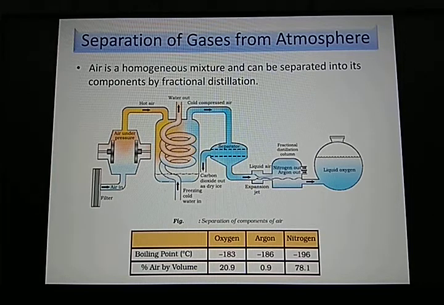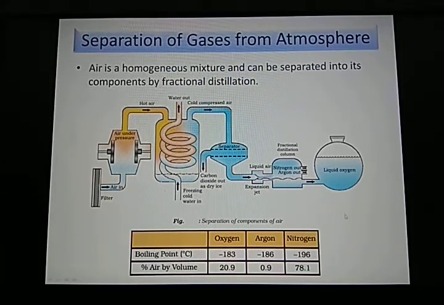Not only oxygen, different kinds of gases can also be separated and stored as liquids in cylinders with the help of this whole system. So I hope you all have understood this whole flow diagram of how to separate the different components of air.